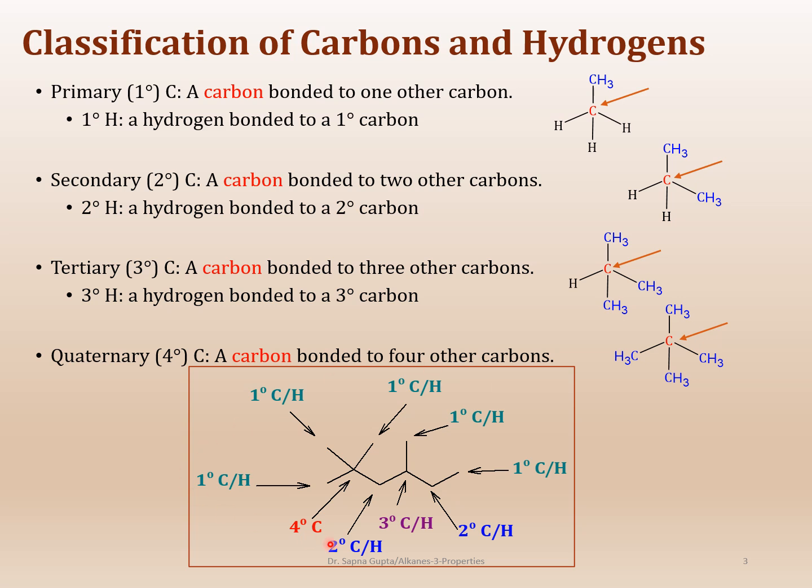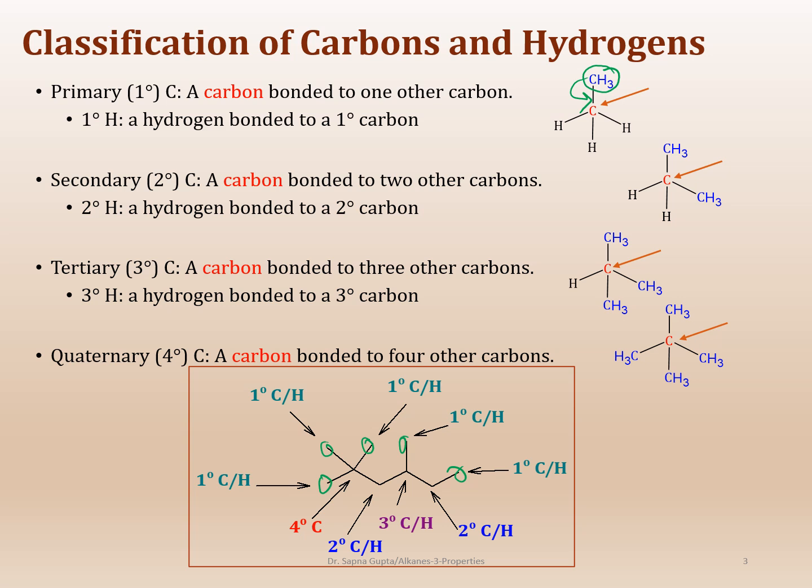So here is an example of how you would classify these things. And if this is a little messy for you, just follow the color coding. That will help you. The easy way to look at this is anything that is hanging out, terminal, that's going to be primary, because in the case of a primary carbon, it's connected only to one carbon.